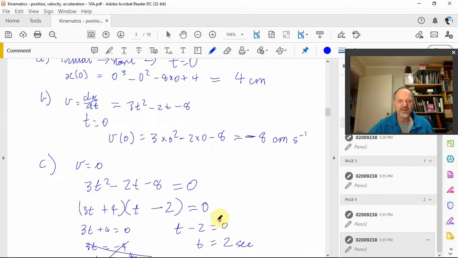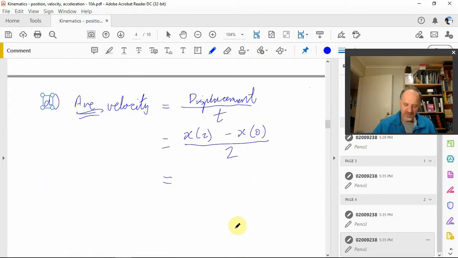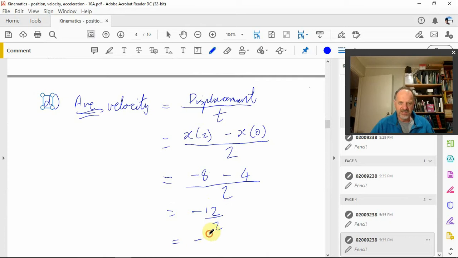Negative 8 is where it is after 2 seconds, and 4 it was at the start. And so we've got negative 12 over 2, which is negative 6 centimetres per second for the average velocity over that time.